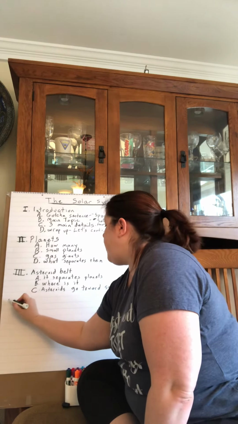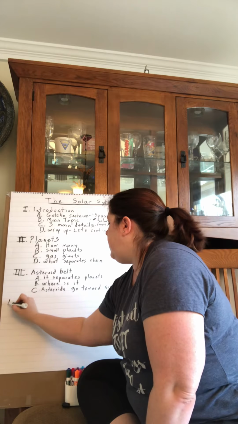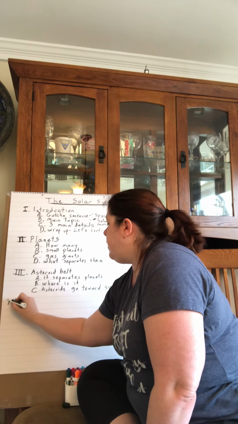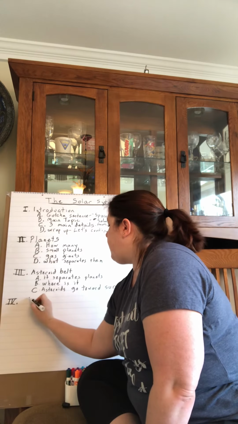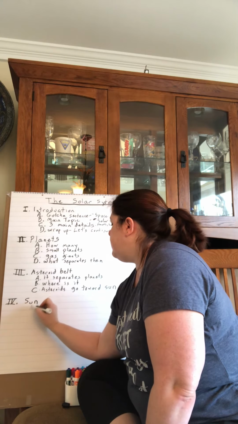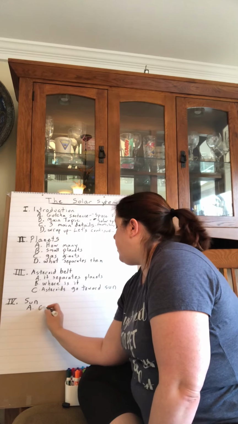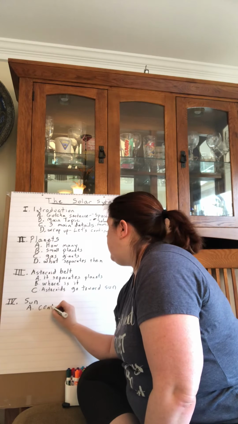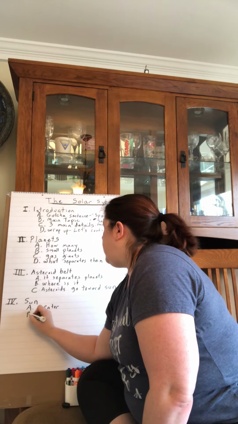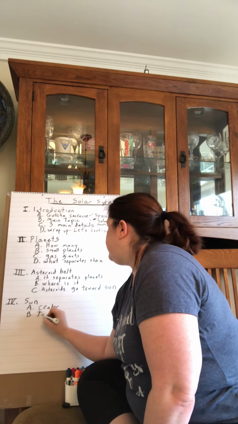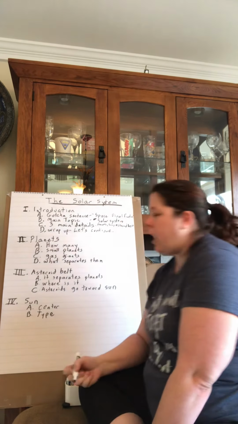So then our fourth, so that would be an I and a V. We're going to be talking about the sun. It's the center of our solar system for sure. You could talk about the type. What type of star is our sun?